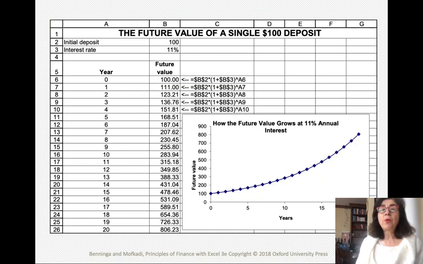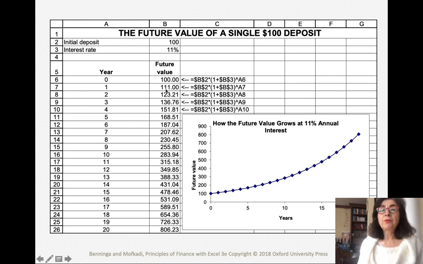Then if we want to compute this for a number of years, like 20 years, we can enter the formula and use Excel's copy and paste functions to make calculations easier.